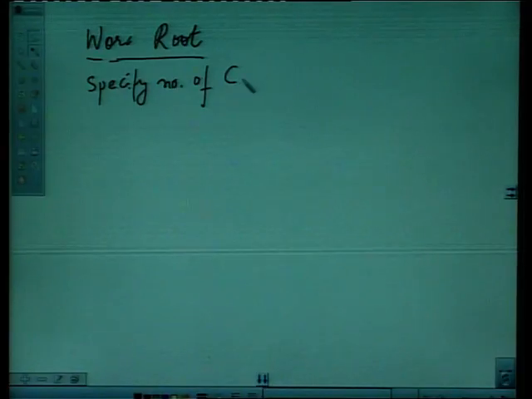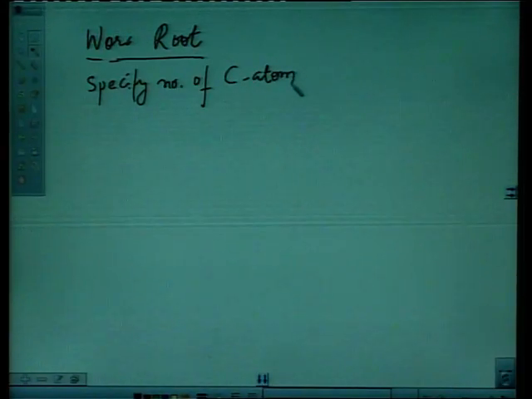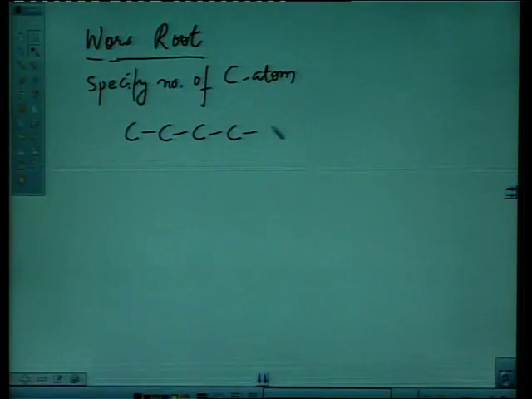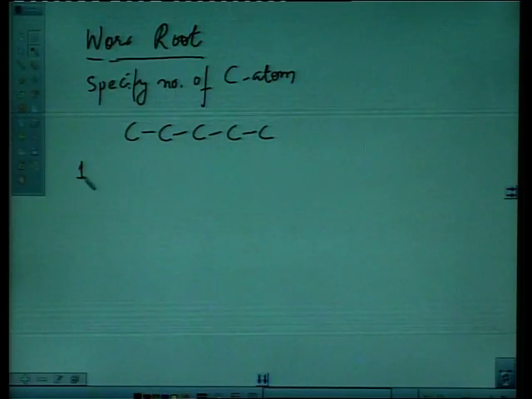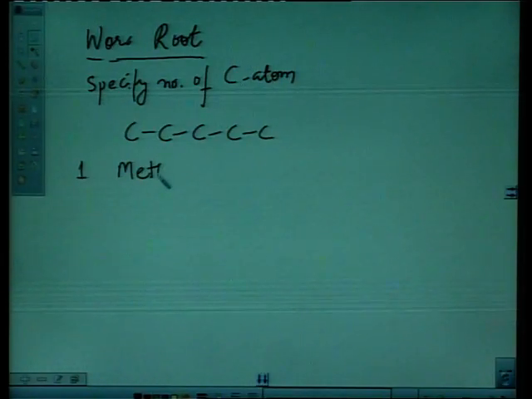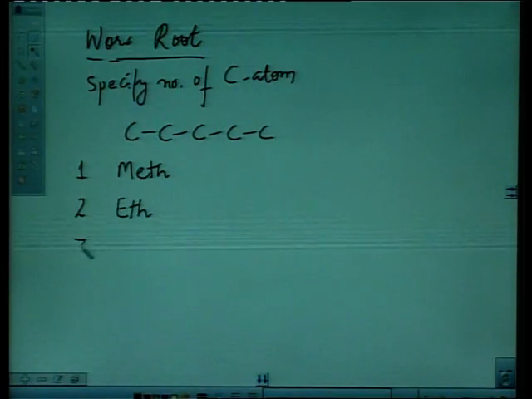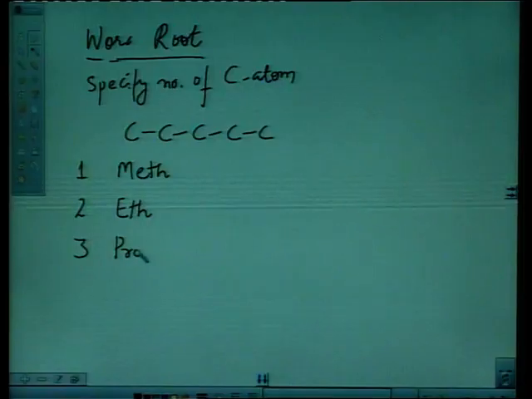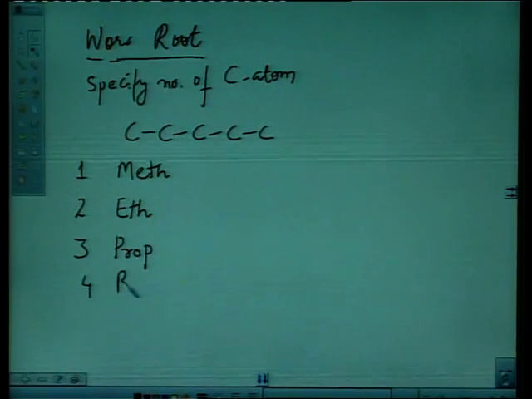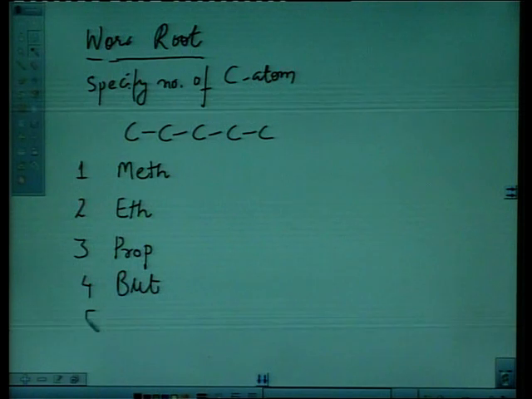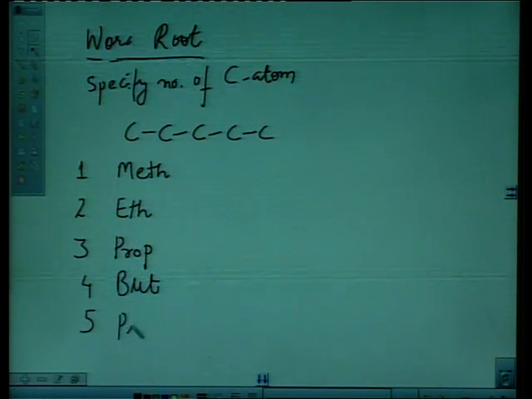If there is one carbon atom, the word root is meth. For 2, the word root is eth. For 3, prop. For 4, but. For 5, pent.